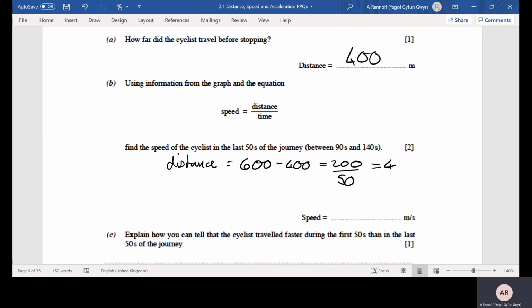What you're telling the examiner when you're writing something like that is that you think 600 minus 400 is equal to 4. And obviously that's not the case. We need to be making sure that every individual step of our working, just to be safe, is on a new line. So 200 divided by 50, 4. Just watch out for that.